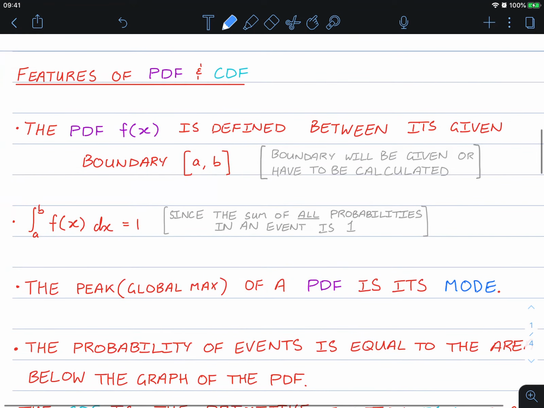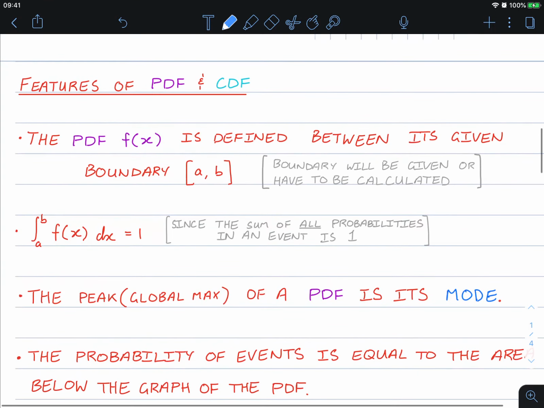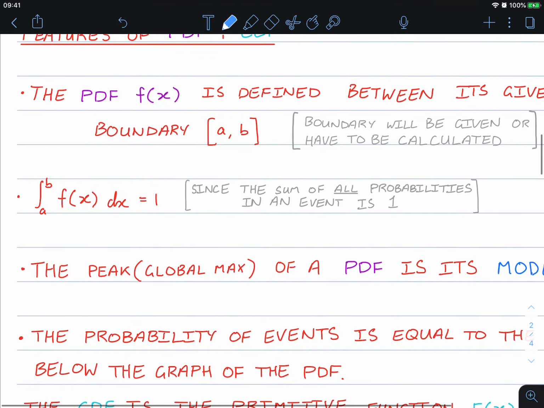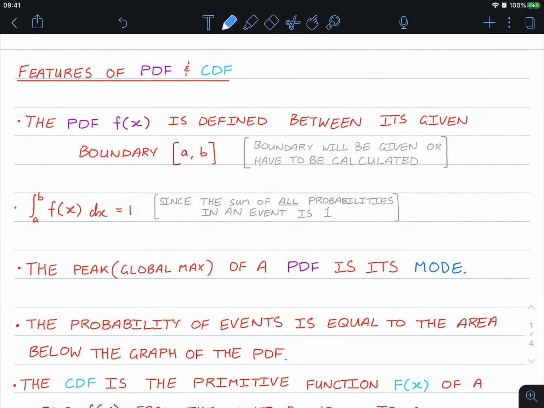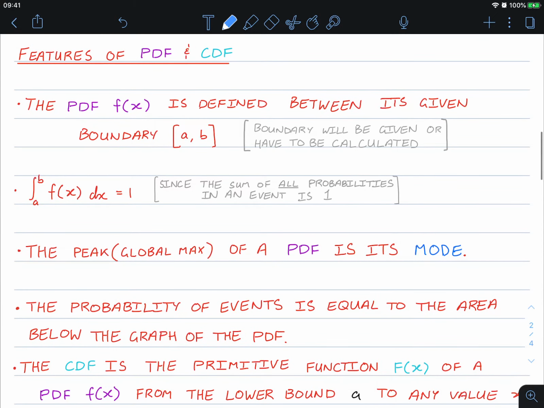The boundary will be given, or we have to calculate it. The main feature that we have to make sure that we understand is that the integral from the boundaries a to b of the PDF must equal 1, since the sum of all probabilities in an event must be 1. The peak or global maximum of a PDF is its mode. This will be important much later on.